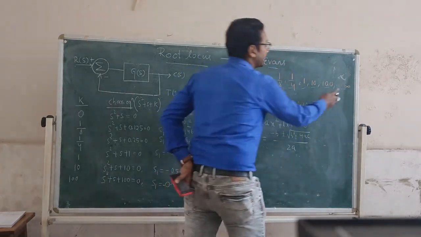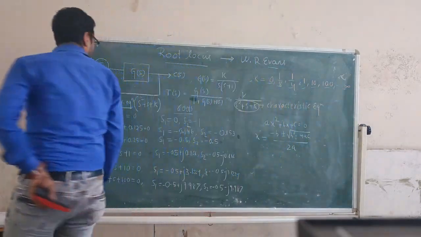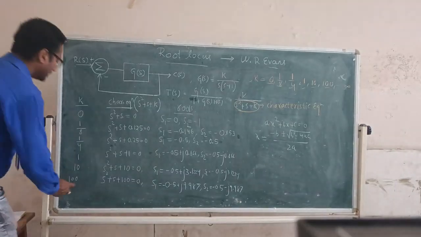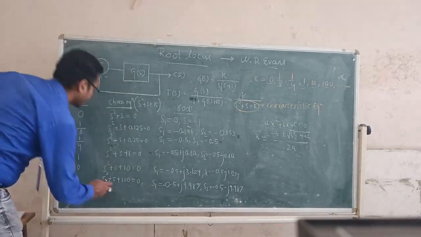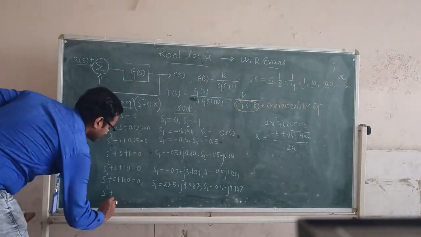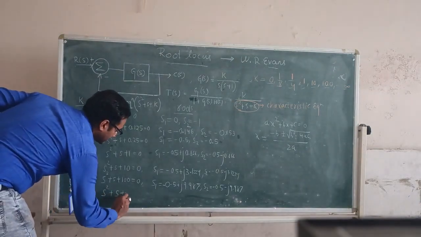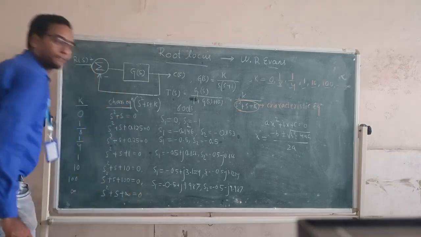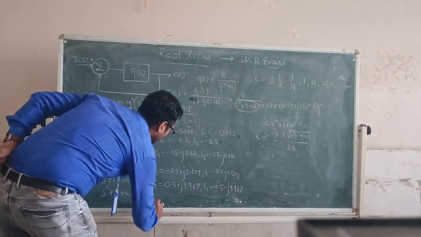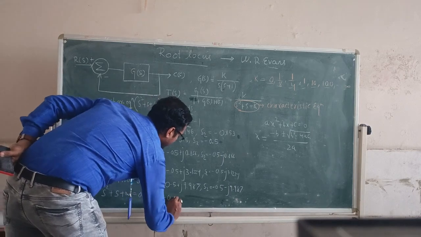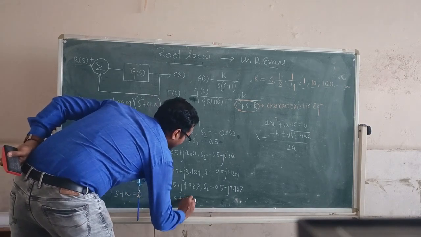Let us take infinity. If I put the value of infinity in place of k, what is the characteristic equation? s² + s + infinity = 0. Then s1 is equal to -0.5 + j infinity.